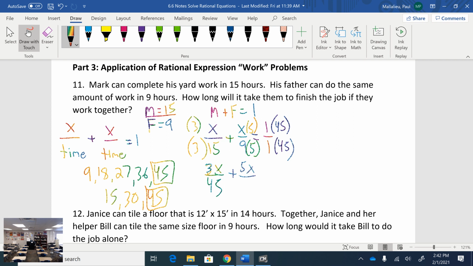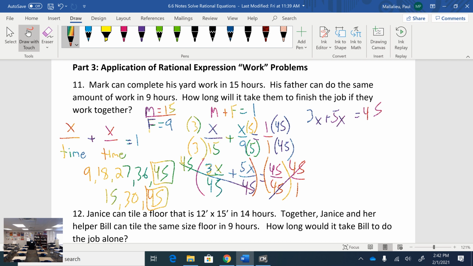Once they all have the same least common denominator, what we did in the previous part carries over, where we want to get rid of the denominator, so we multiply by the reciprocal. So those are gone, and we're left with 3x plus 5x equals 45. So 8x equals 45. So x equals 45 over 8, which is approximately 5.65.